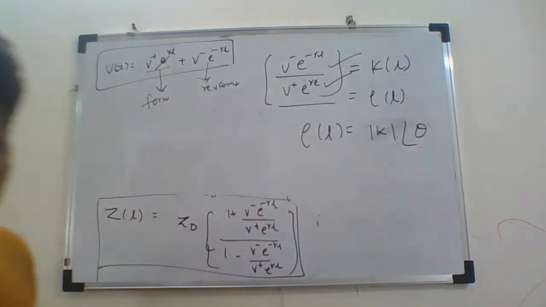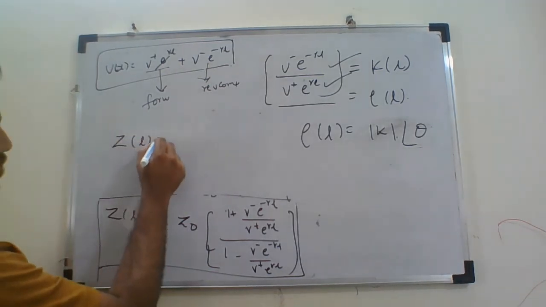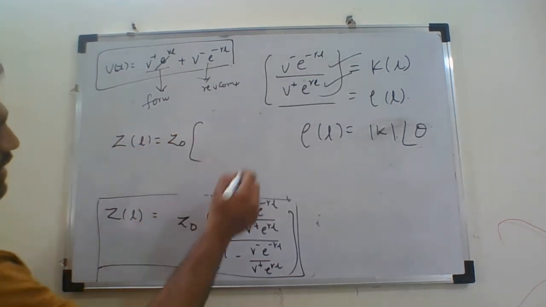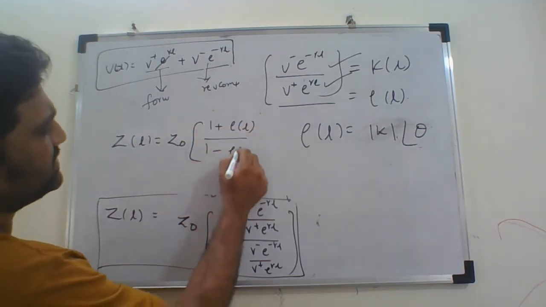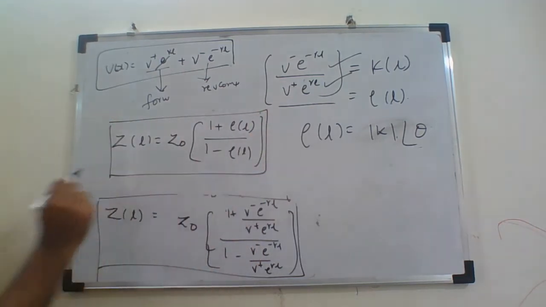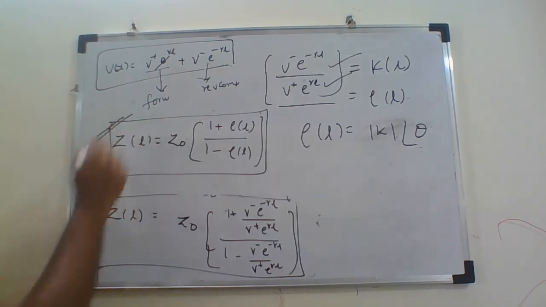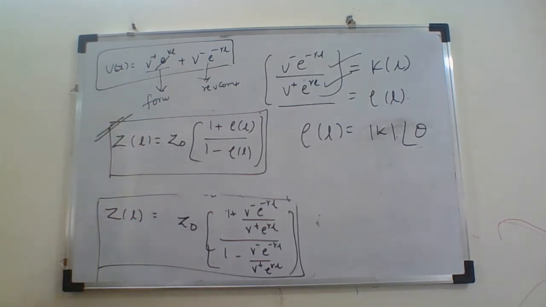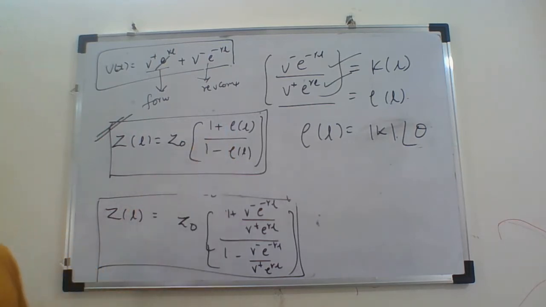So if you use that term here, Z of L is equal to Z naught into 1 plus rho of L divided by 1 minus rho of L. So we can express this like this. This is the most widely used formula for calculating the impedance, given that the characteristic impedance and reflection coefficient are known.